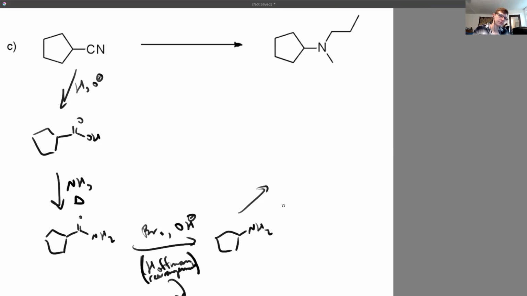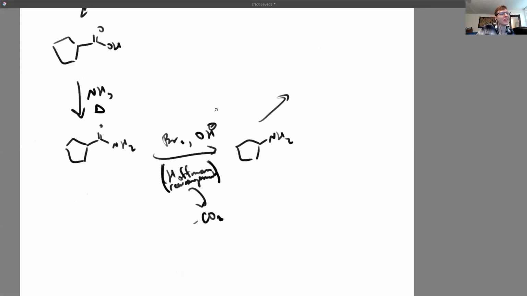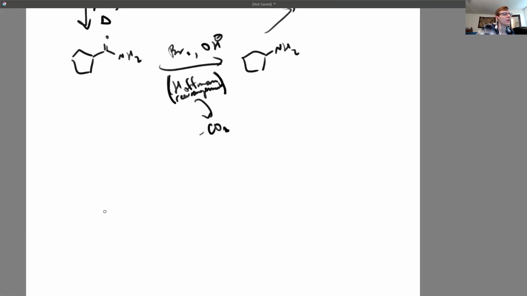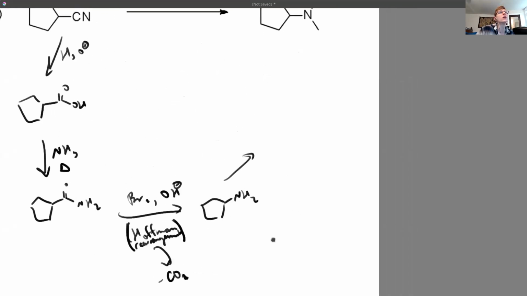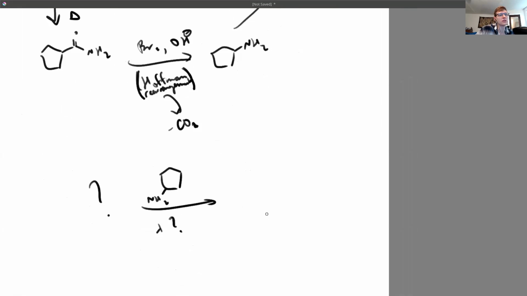Am I missing something that's super simple? It's not the most simple thing in the world. What if I were to write it this way. Let's say we just want to add the methyl.